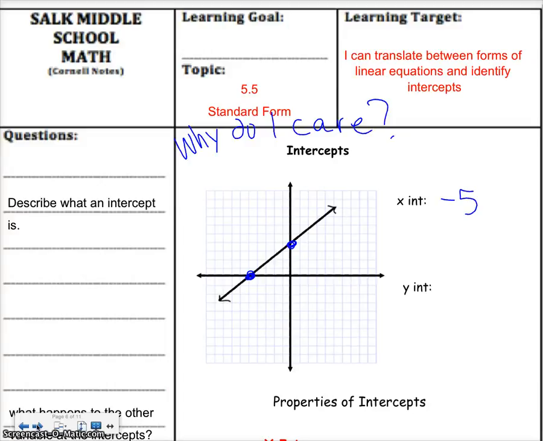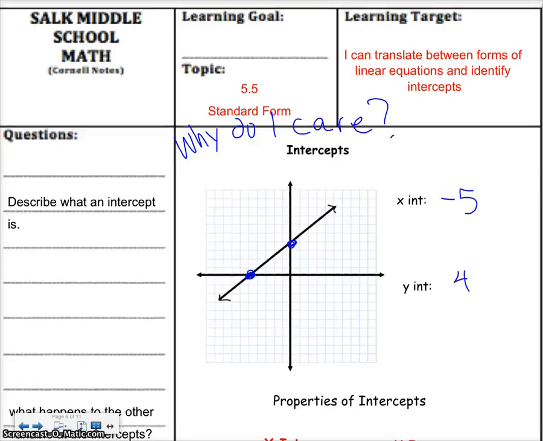And it looks like I intercepted the y-axis at 1, 2, approximately 4. My eyes are having a hard time visualizing that. Right around there, though. I think you can get the gist of it. When I intercept the x-axis, that means the line crosses the x-axis. And when I intercept the y-axis, the line crosses the y-axis, right? Intercept means cross.